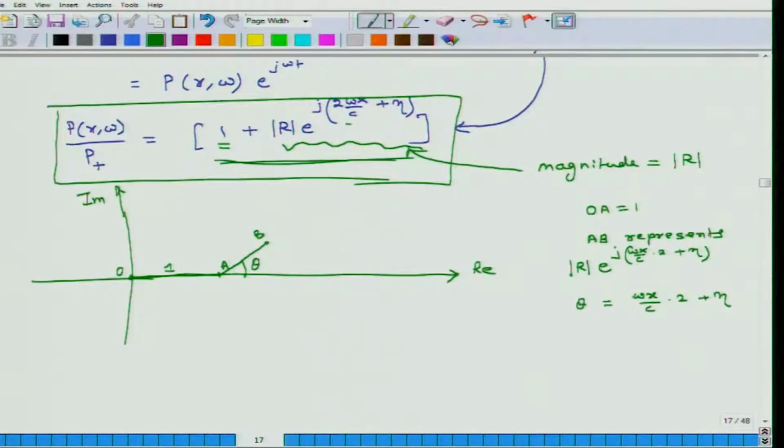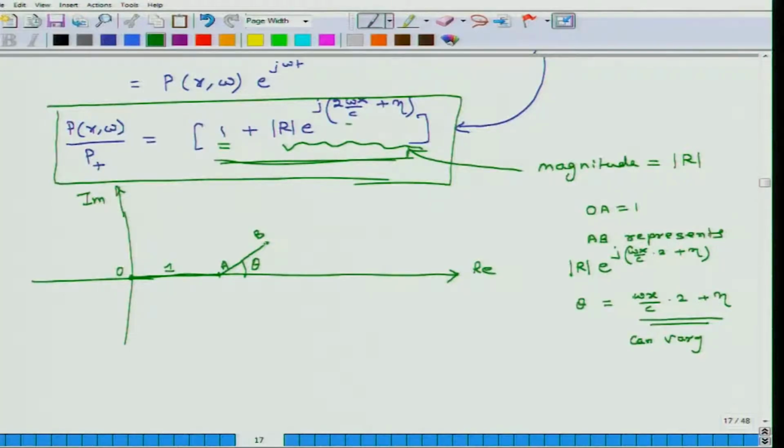What I was saying is that x can have all sorts of values. What this means is that theta can vary between 0 degrees to 90, 180, and so on. So it can vary and it can go in circles like that. So this vector AB, depending on the value of x, can follow a circular path.